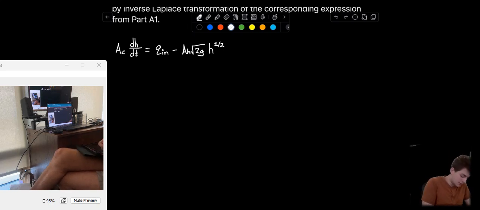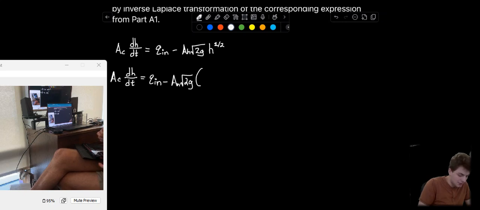So we can say A_c dh/dt equals q in, that's not going to change, minus A_h square root 2g, right? And now we get into our expansion of this h to the 1/2 term.